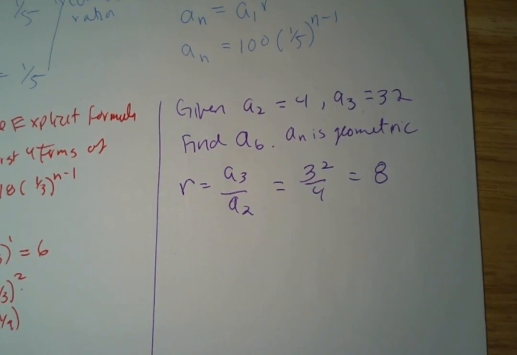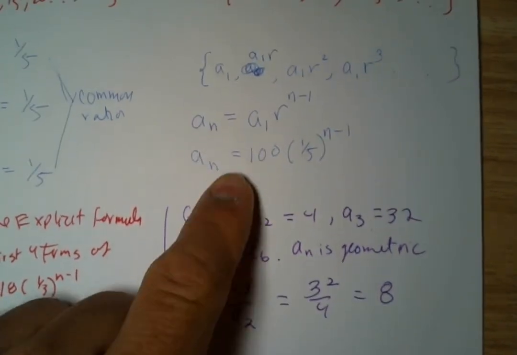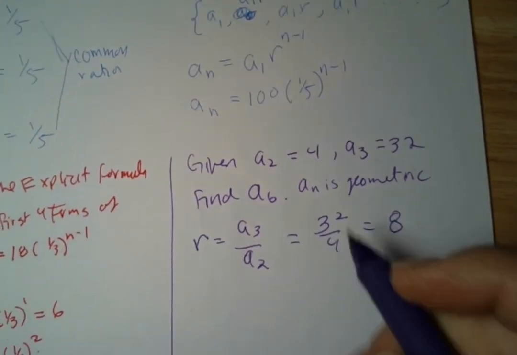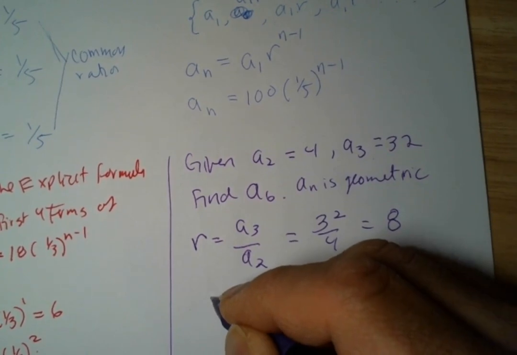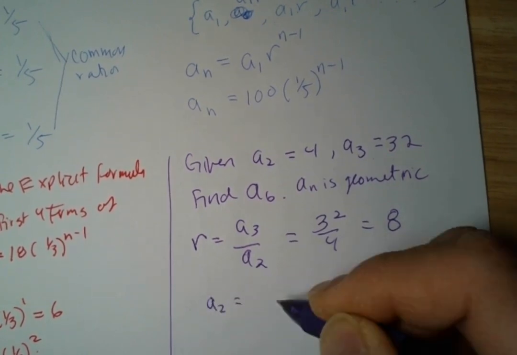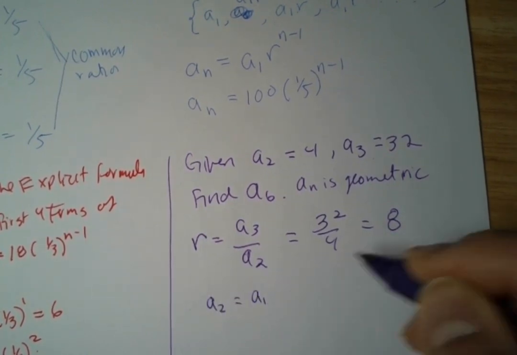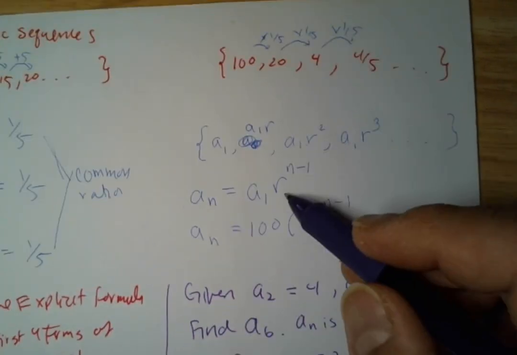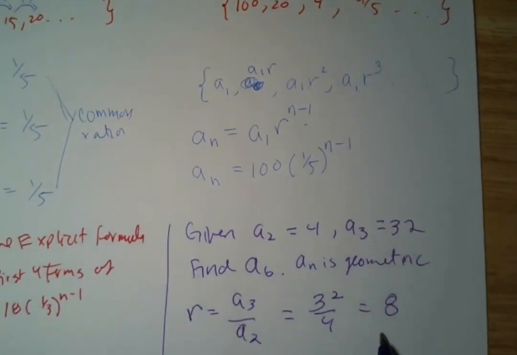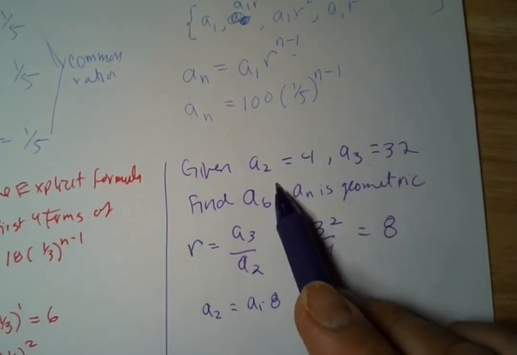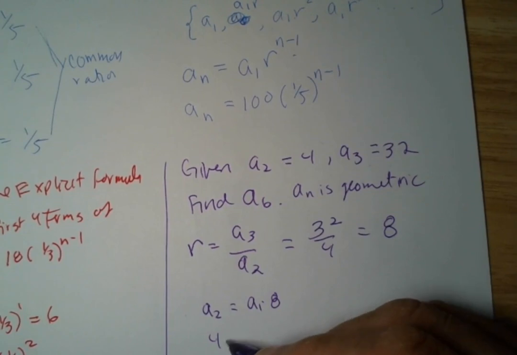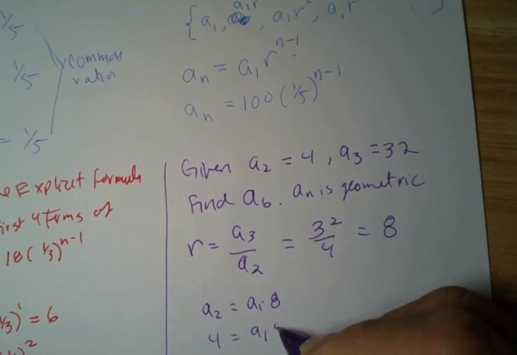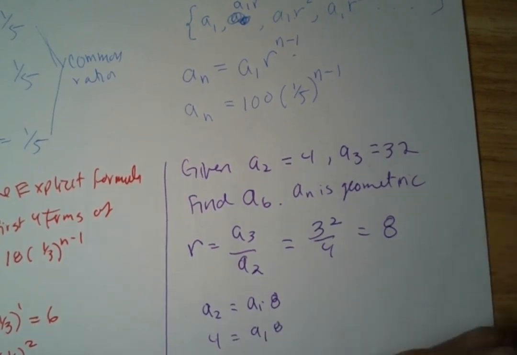Okay, now in terms of our explicit formula, we do need the first term. That shouldn't be too hard here. If I know A2 is equal to A1 times 8, since 2 minus 1 is 1, and I found R already, and I know the value of A2 is 4, then 4 equals A1 times 8.